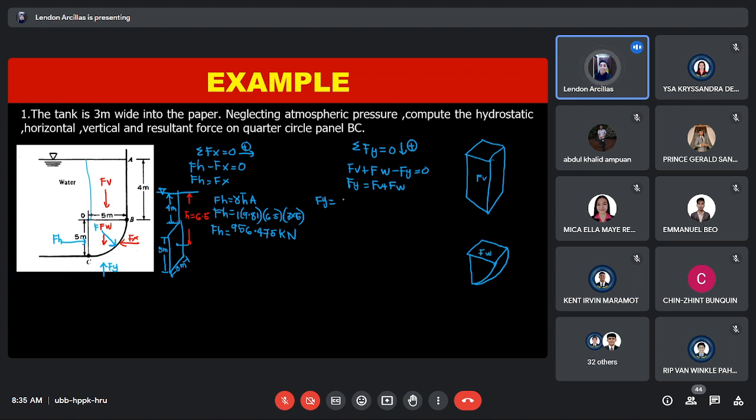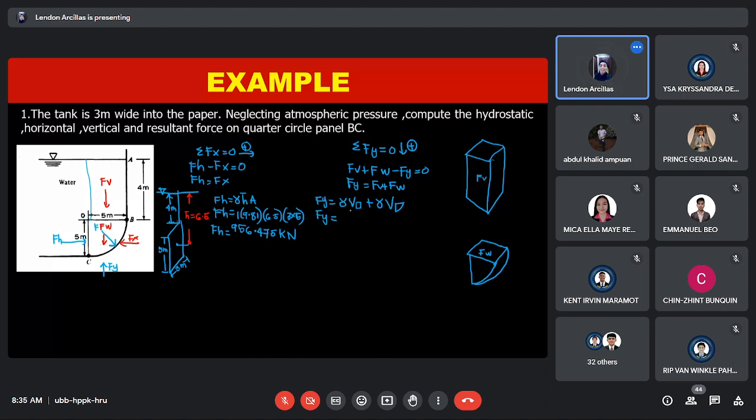So that is the specific weight of this water na naka-rectangle times the volume of that shape. Okay? This is length times width times height. Plus F_W, that is the specific weight of this quarter circle liquid times the volume of the quarter circle.